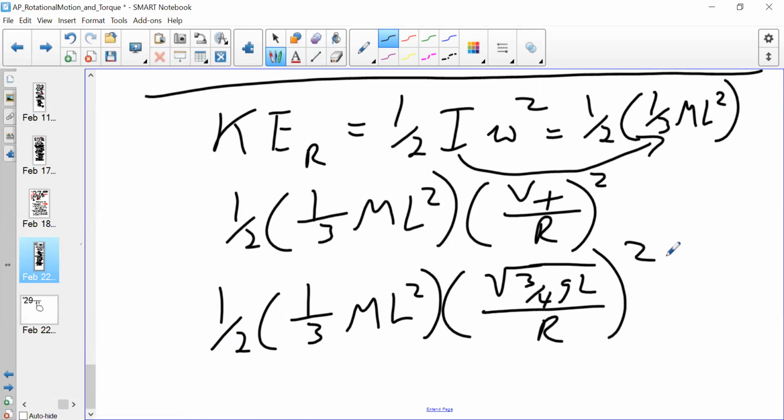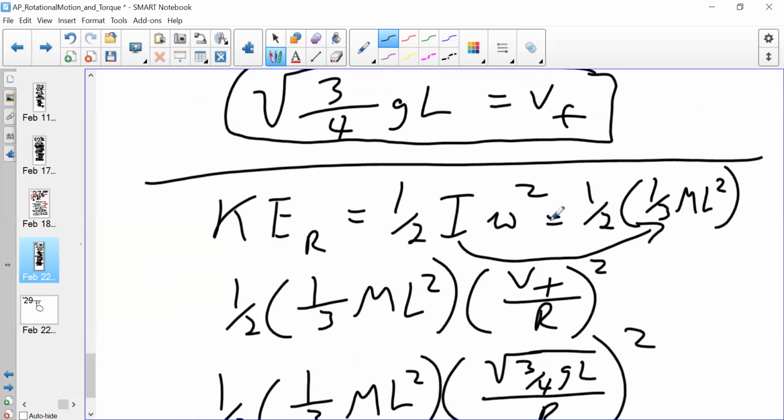Kind of messy, but you can do it. Take a couple of minutes to simplify that guy, if you haven't already. Okay, so in this case, would R be L or L over 2?